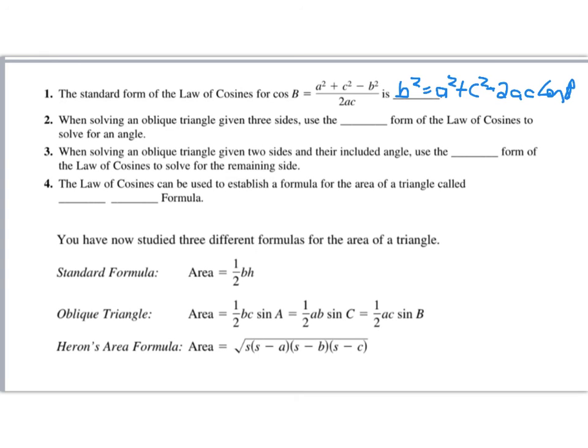When solving an oblique triangle given 3 sides, you use the alternate form of the law of cosines to solve for an angle, but really you don't need to do that. You can just put all your stuff in and go for it. And when solving an oblique triangle given 2 sides and their included angle, you use the standard form of the law of cosines to solve for the remaining angles.